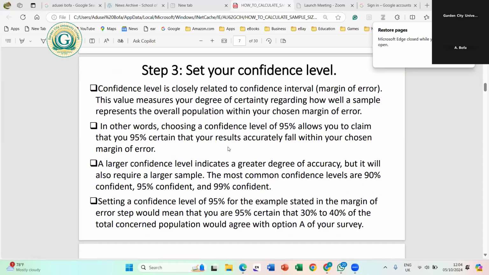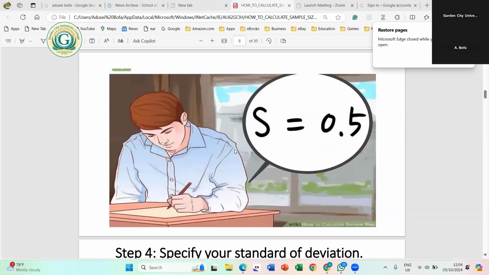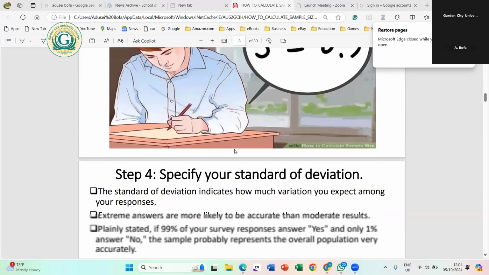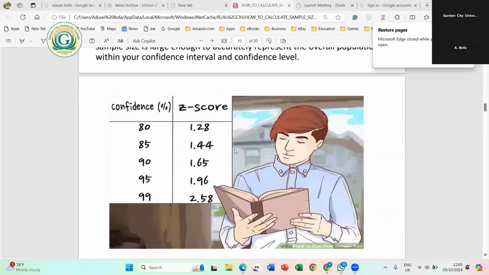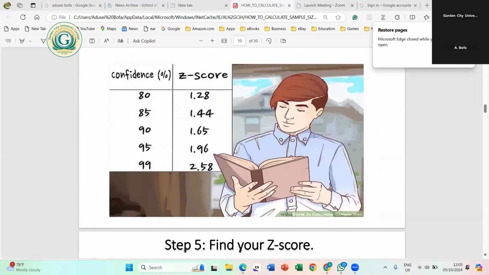In fact, it is not the confidence level that you are going to use to do your computations or your calculations, but it is the confidence level that will help you get the Z score. Okay, so the Z score depends on the confidence level.